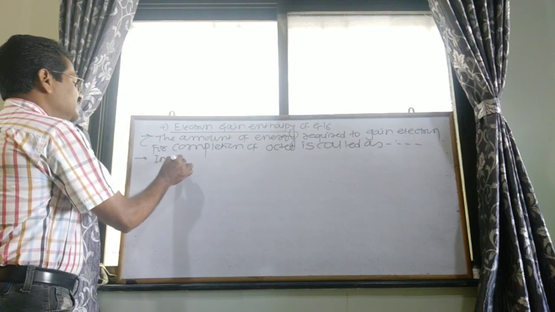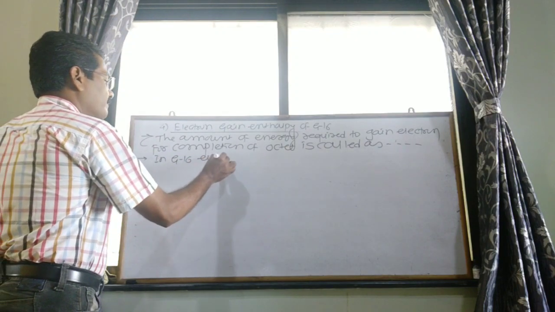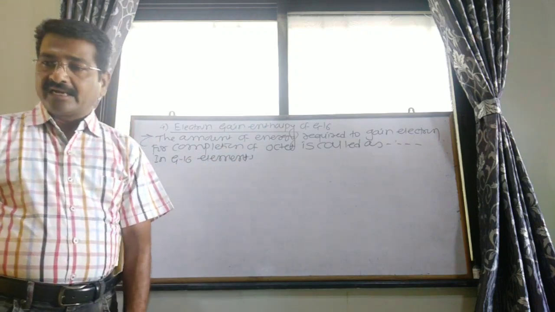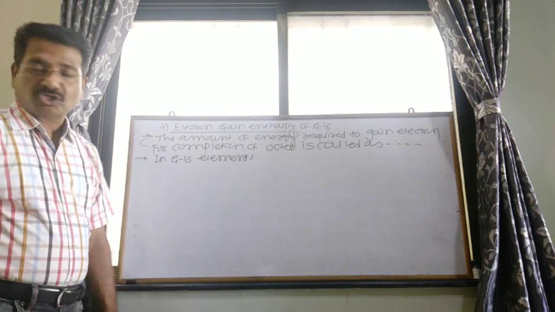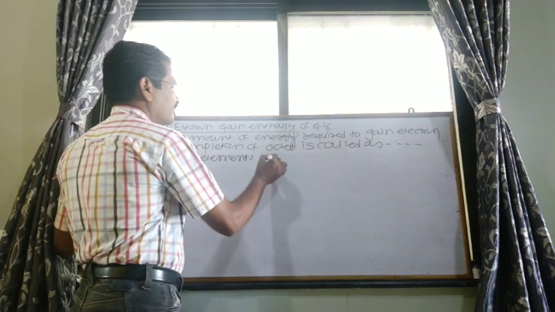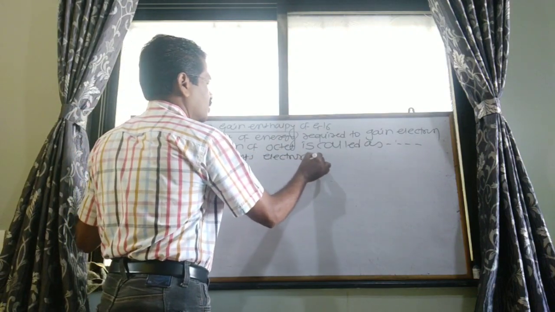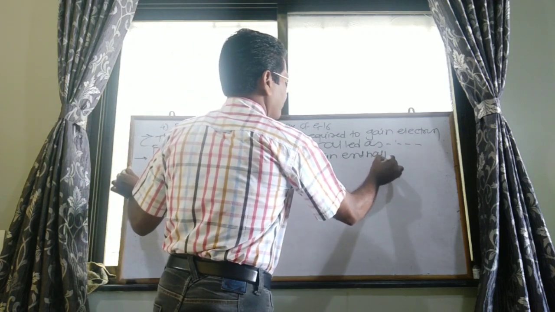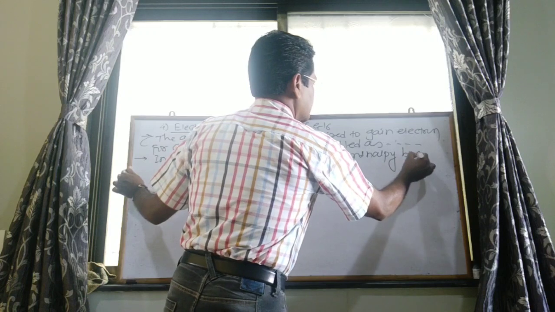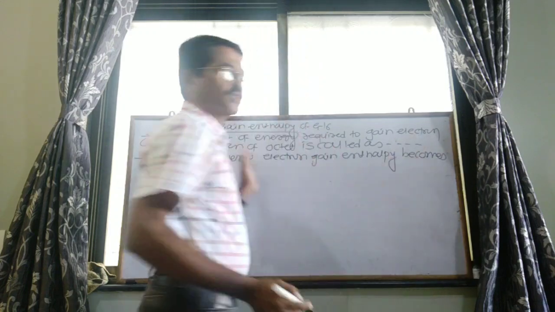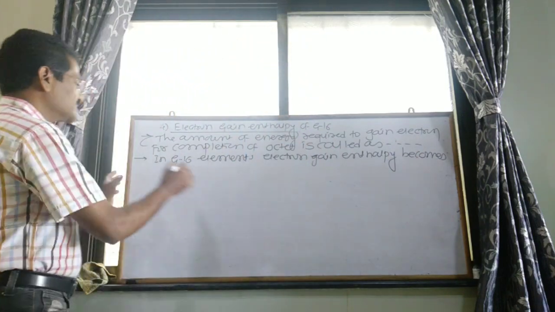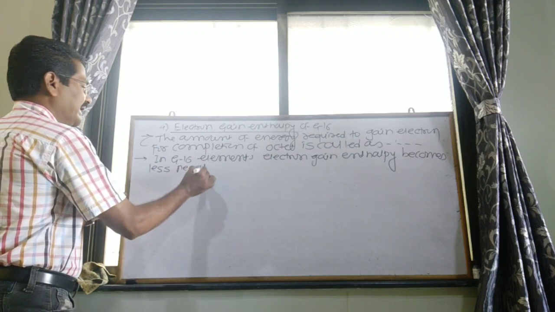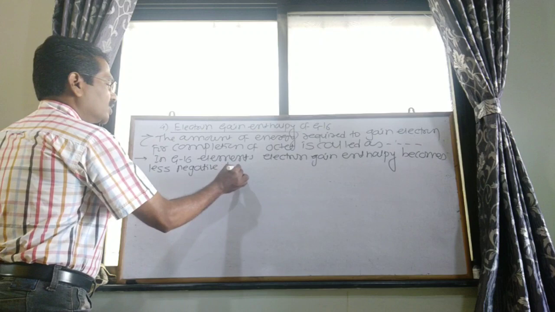In Z16 elements, electron gain enthalpy becomes less negative down the group.